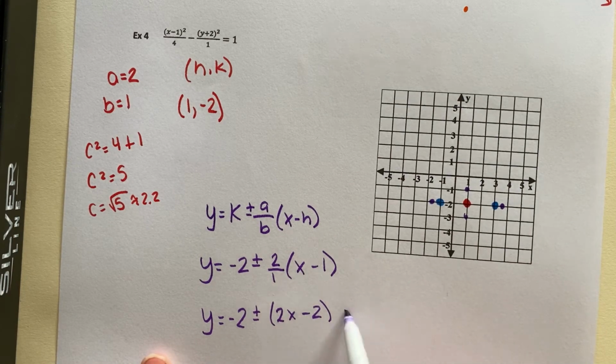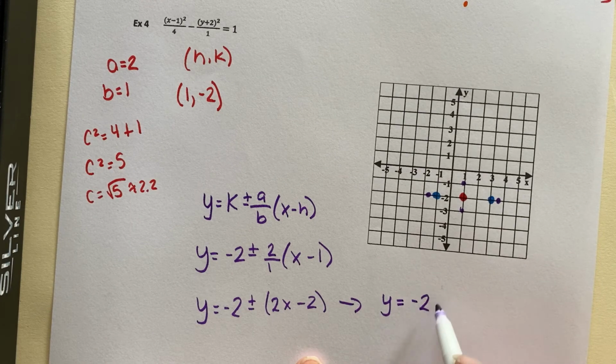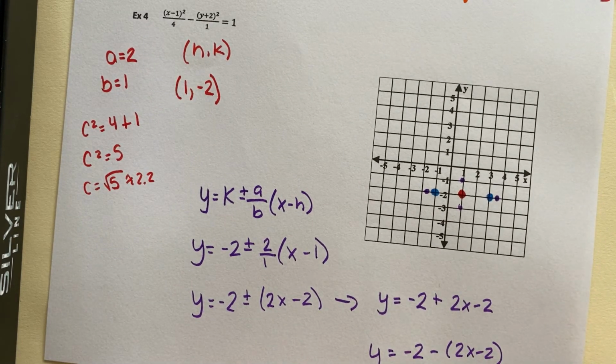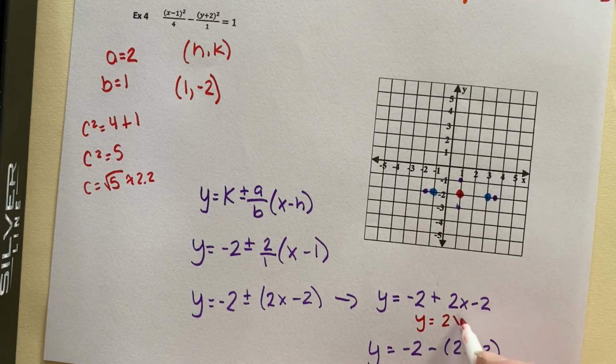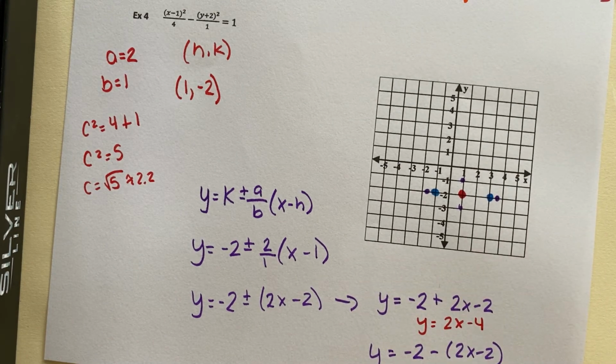So the first one, if I do the positive, we have negative 2 plus 2x minus 2. And we have negative 2 minus 2x minus 2. So if I simplify this first one, that's just 2x. And this one would be, if I distribute this negative, negative 2x. And then that would be a plus 2. They would cancel. Oh, up here I made a mistake. That should be minus 4. There we go.